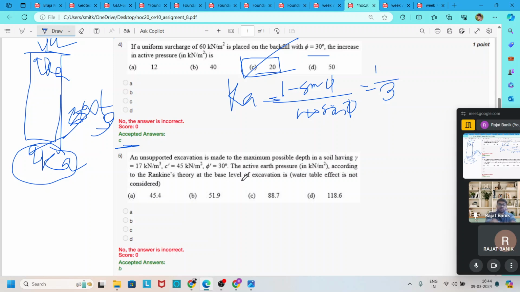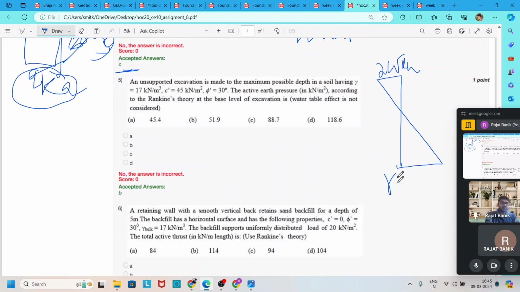We draw the active earth pressure diagram in C-phi soil. It looks like this: here it is 2C over root K, and here it is gamma into H into K minus 2C root K. So we have to find this pressure, gamma H K minus 2C root K. We put all these values and we get the answer.